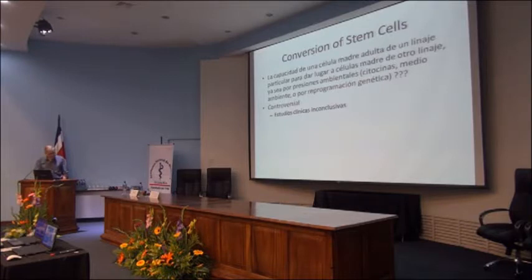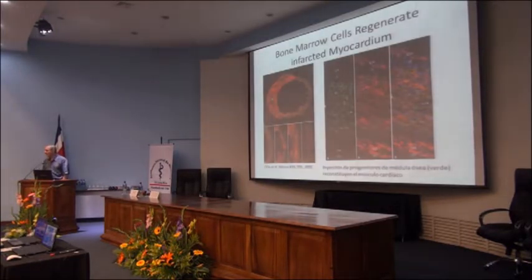But perhaps the most studies have been done in heart disease. And some of you may remember, these are already old studies I'm showing here. When preparing this talk, I thought back about the old days.